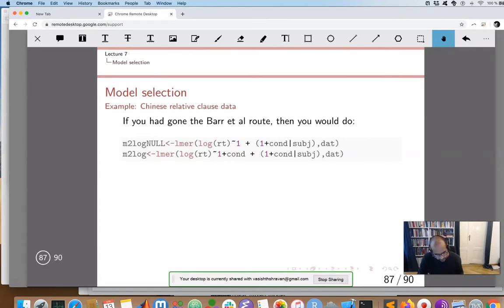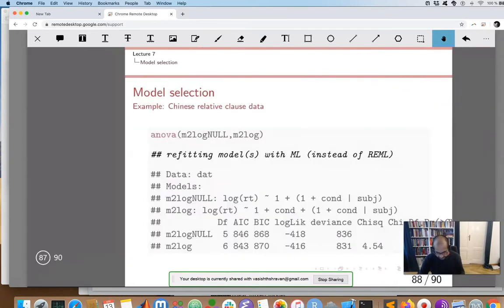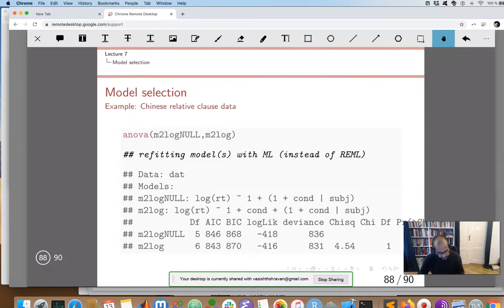Now if I were Barr et al., I would proceed as follows. I won't do any model comparison on the random effect structure. I will leave it in. So here are the models with the random effect structure in, and all I'm changing is whether the slope is present or not. I do the model comparison, and what I get now is a chi-squared value of 4.54 with 1 degree of freedom.